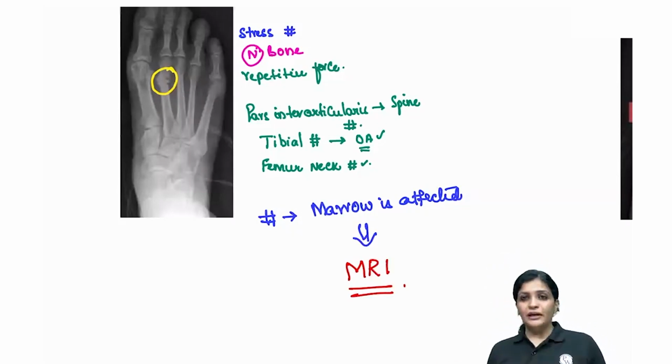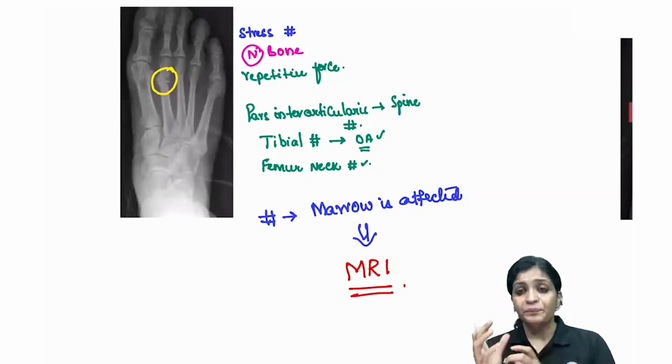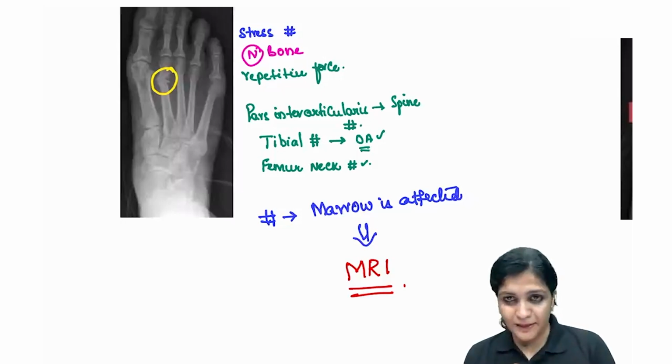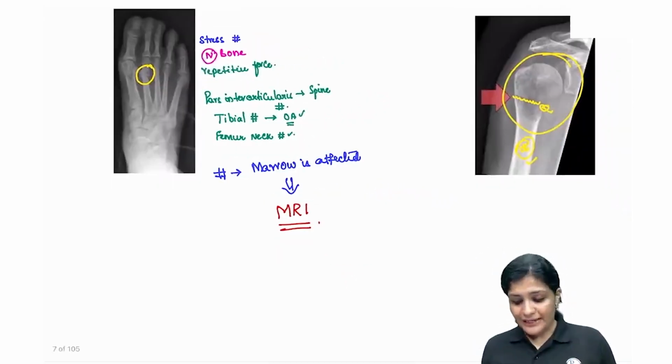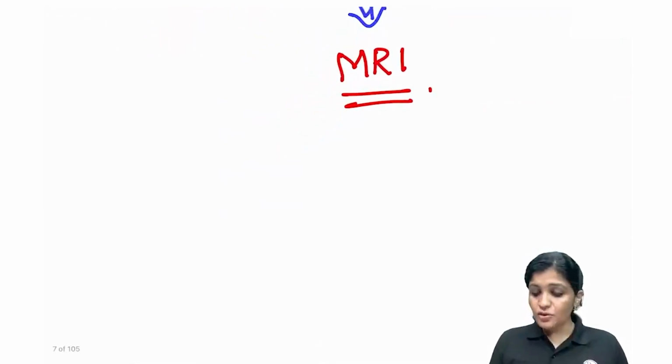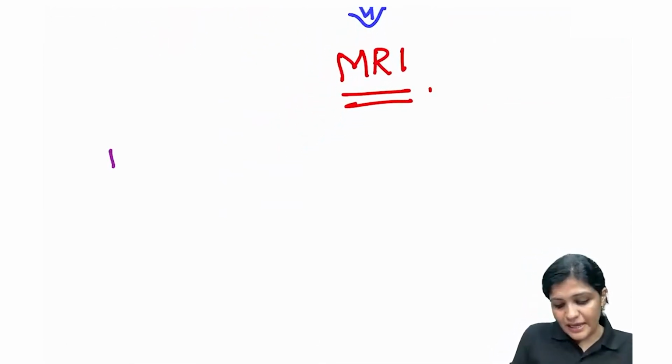Now we have to learn what are the various investigations or diagnostic modalities which are present in orthopedics. The first one is usually the X-rays, or the radiograph.